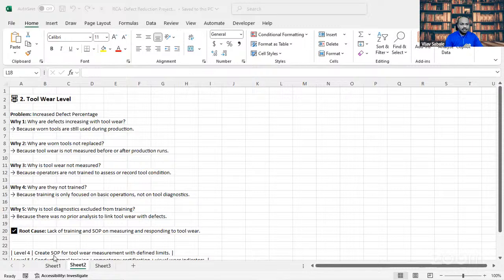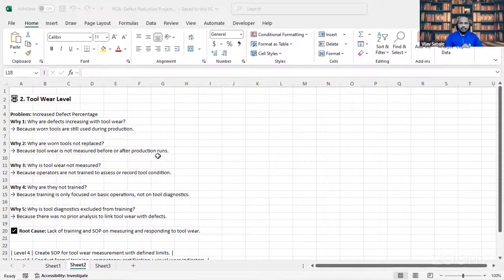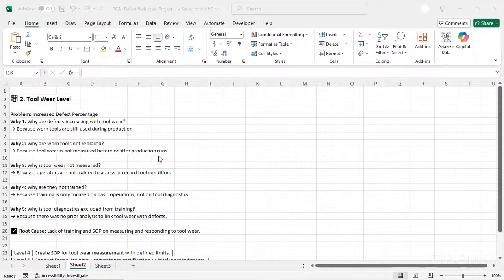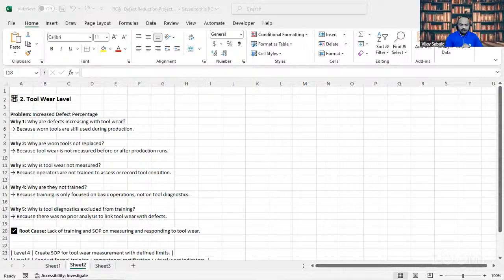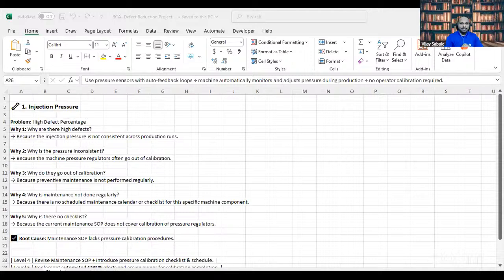So let's look at this injection pressure. Can you see my screen on the injection pressure? No, I can see only the Excel sheet. Okay, let me close the presentation so we'll get some bandwidth.